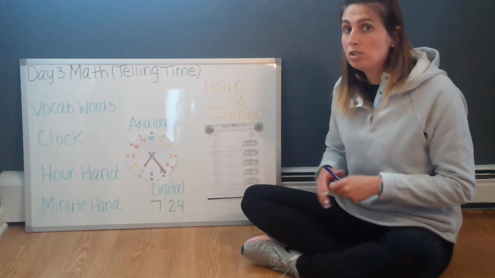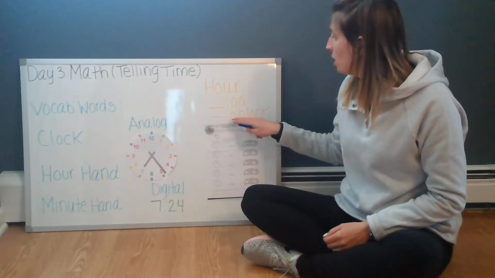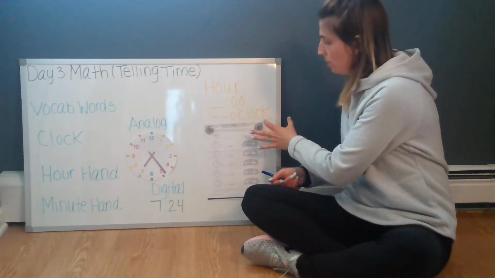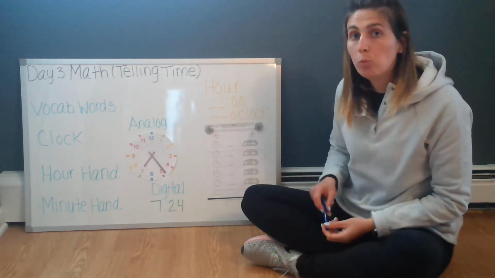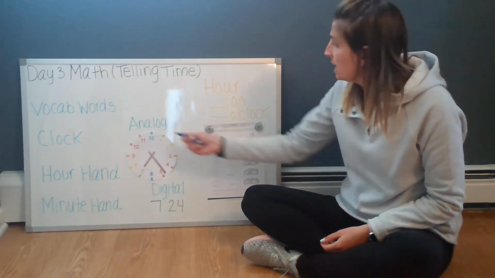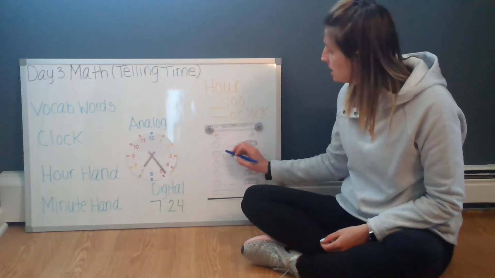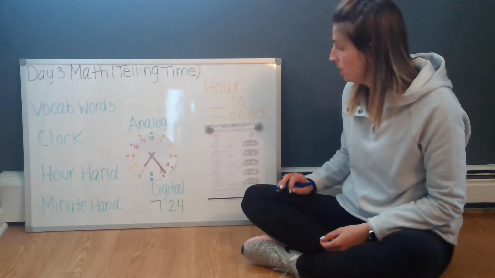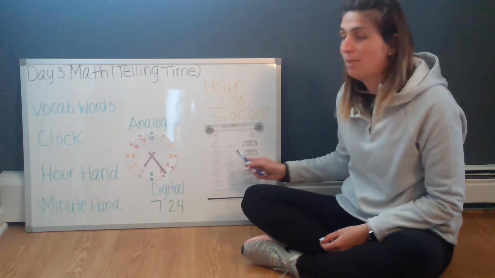We could also see the hour written as blank o'clock, so we're just writing it out. And if you look at your worksheet, on the left-hand side of the column, you will see an analog clock and blank o'clock. So you're filling in what time that says.